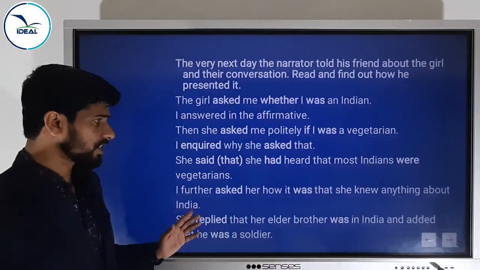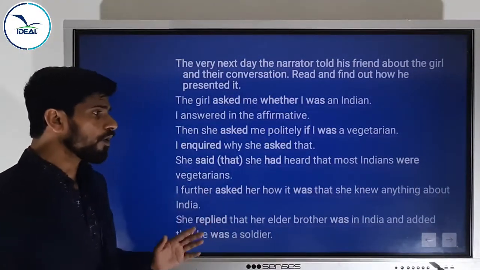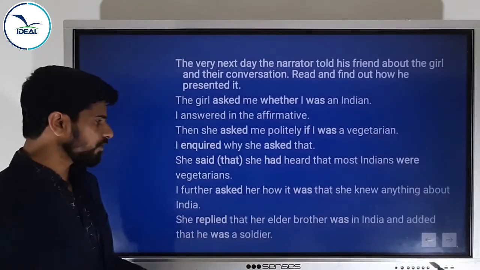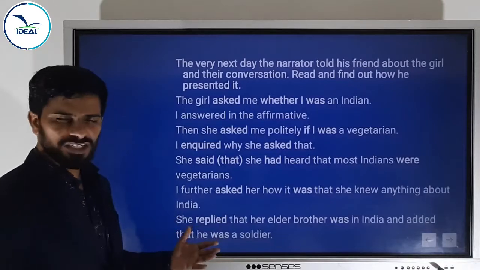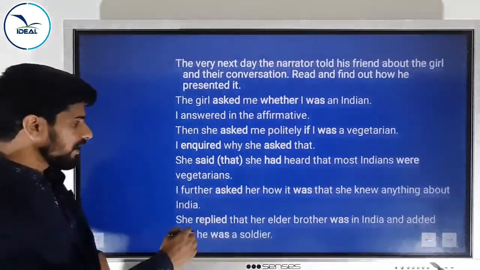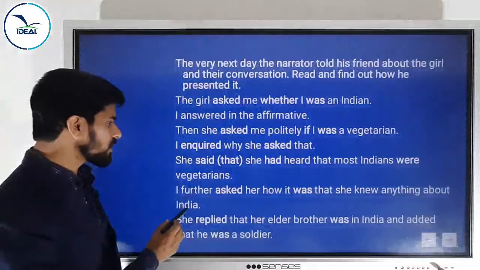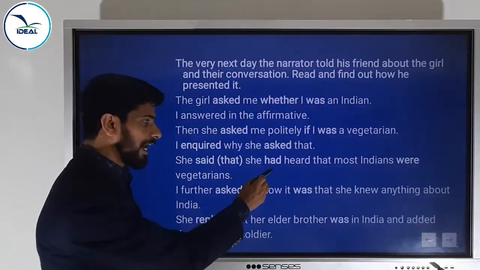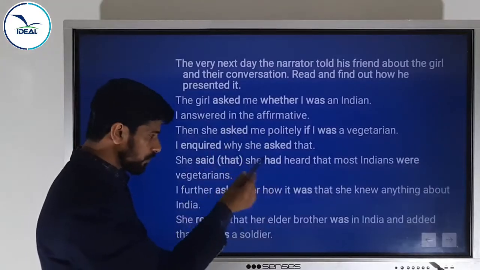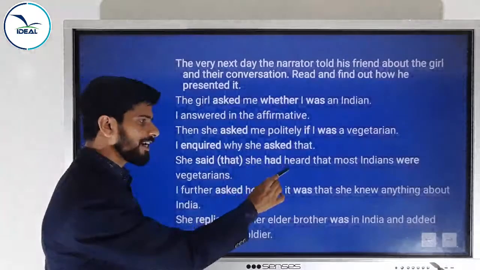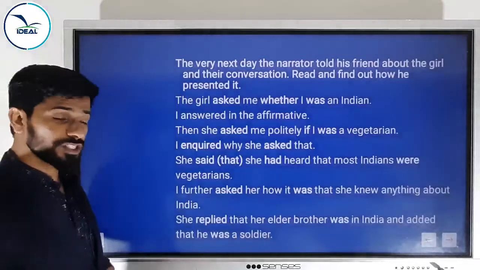Okay, she said that she had heard that most Indians were vegetarians. What did she say? I have heard that most Indians are vegetarians was her response. Then when he converted it into reported speech, she said that she had heard. So he converted it as she had heard that most Indians were vegetarians.